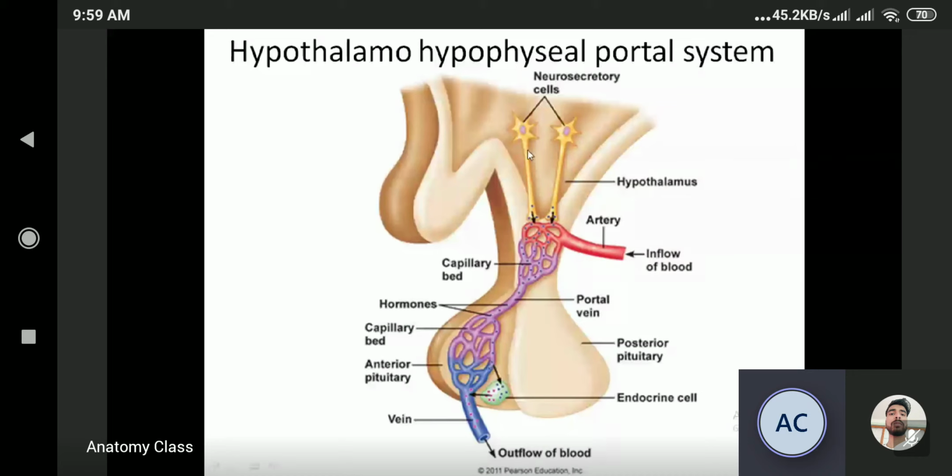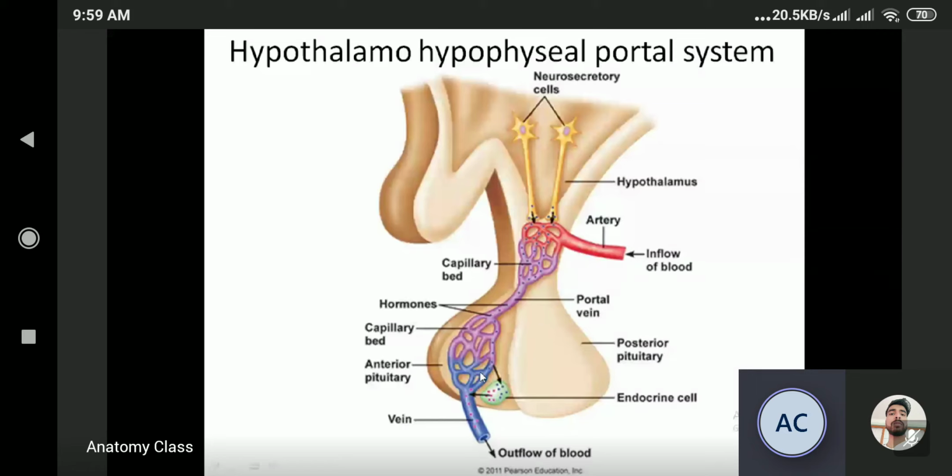The exocytosed hormone granules are received by the portal vessels present within the median eminence and infundibulum of the pituitary gland. The fenestrated capillary receives the granules packed with hormones, and it is released into another set of capillaries around the secretory cells of the anterior pituitary.